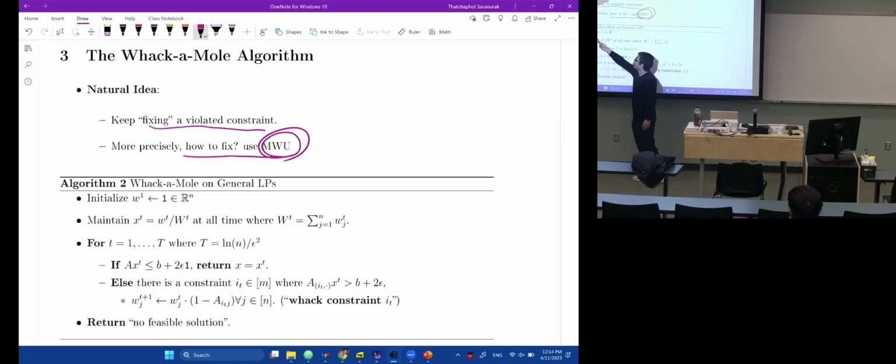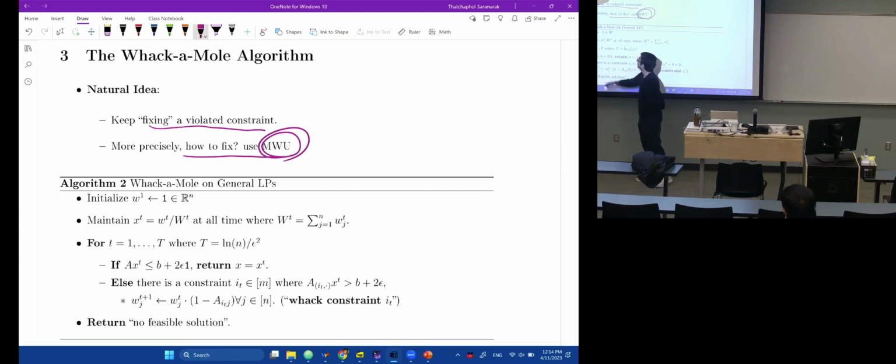Initially, I will just set the weight of everything to be 1, just like in the weight update algorithm. And then we will set x_t to be the weight after scaling down. So x_t is just like p_t in the weight update algorithm. It's proportional to weight, but you scale it down so that it looks like a probability distribution.